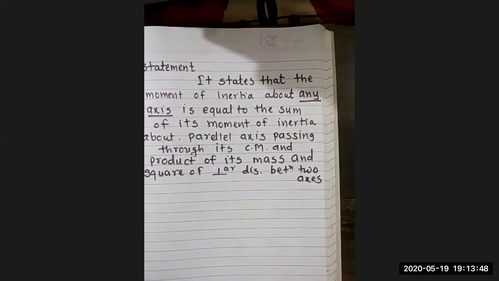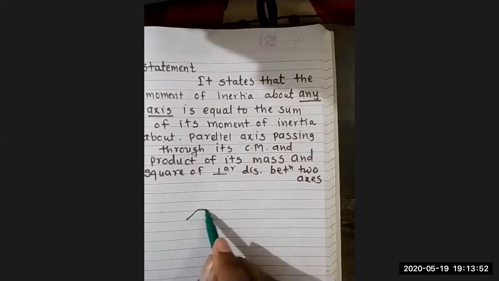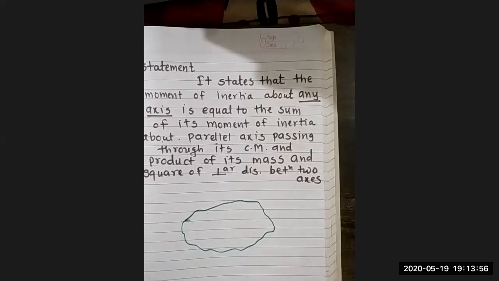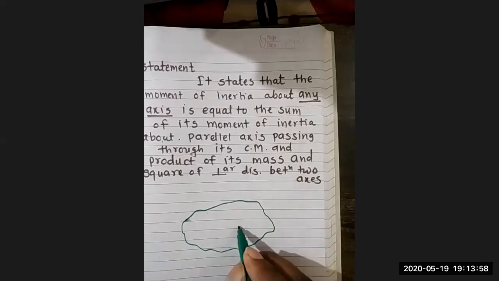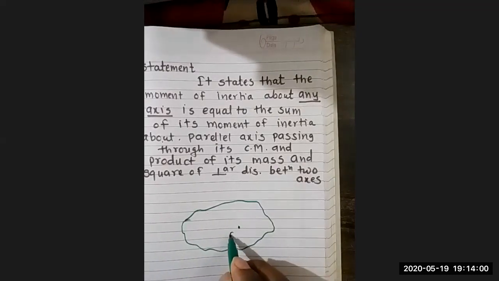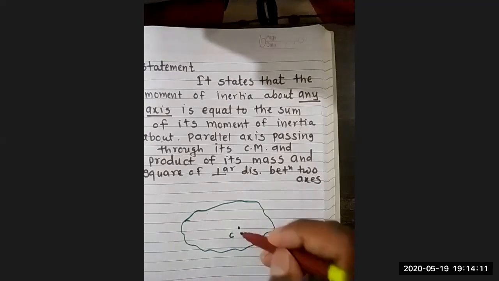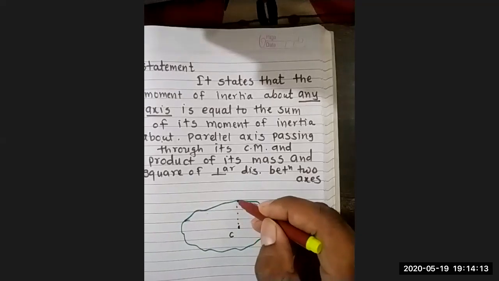Let's take any rigid body, and we have a point C. This is the center of mass, and we consider the axis which passes through the center of mass.